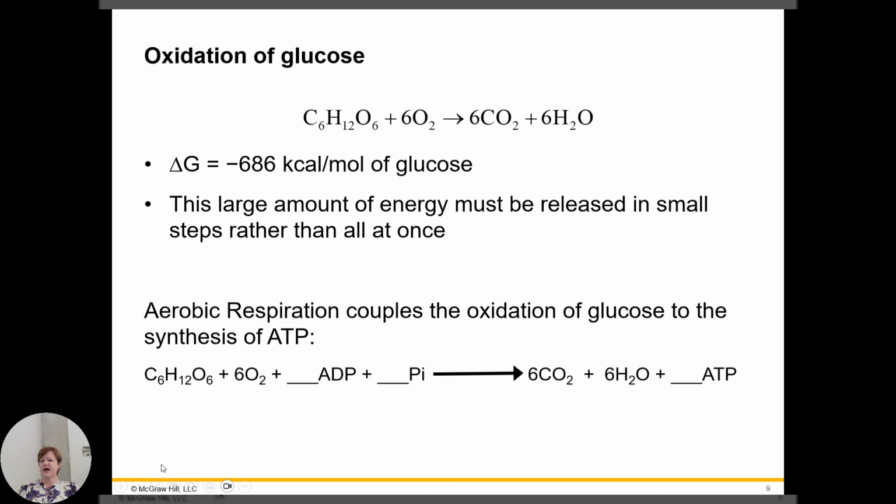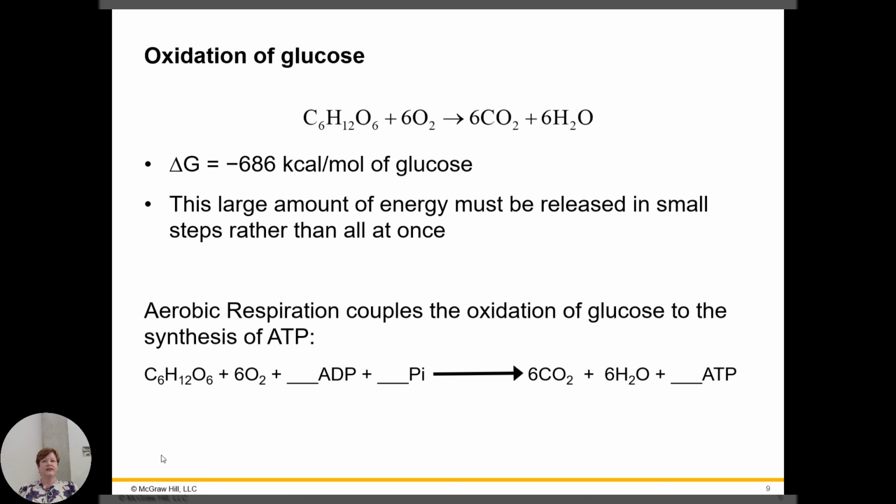So the last slide for this segment of the lecture is the overall equation of aerobic respiration, which is typically given by the top equation, C6H12O6, which is glucose, plus 6 oxygens, because this is aerobic respiration, yields, that arrow means yields, 6 carbon dioxides and 6 waters.